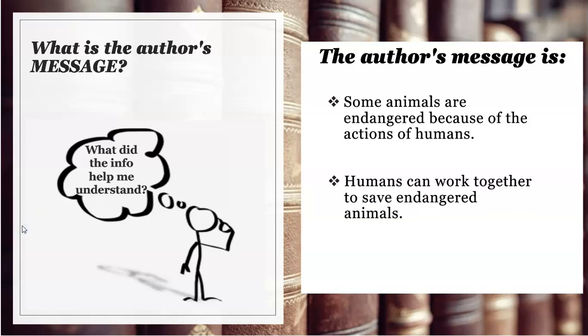We also can infer that the author's message is that humans can work together to save endangered animals, especially when we look at how that group of scientists came together to make sure that the parrots had a good environment to live in and to start to repopulate. So here we see, just like we saw yesterday, that the author has two potential messages for this nonfiction text.